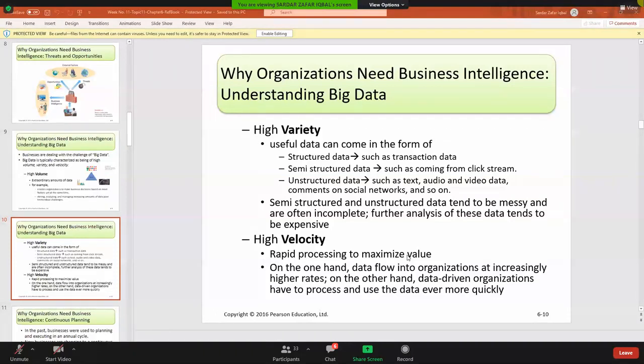So we are receiving a large amount of data, very quickly, at high speed. We have high speed internet, fiber optics are there right now, and data is transferring with high velocity.